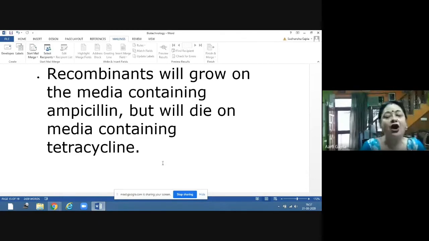Because now the new gene is being inserted there, and that new gene is the gene of interest, our gene of interest, and the vector is being converted into recombinant DNA.